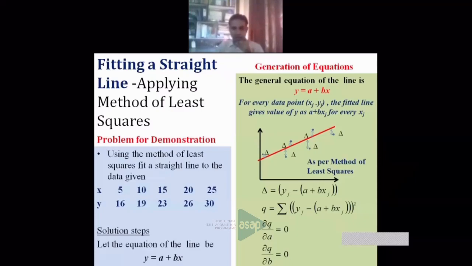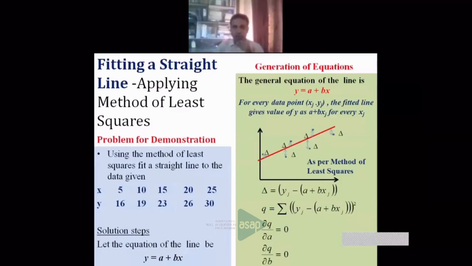Now, if y equals a plus bx is the line, then for the line to be a best fit, the objective is to find the values of a and b which will tell us which is the best straight line satisfied by this particular data. So our objective is to get a and b, substitute them back, and say this is the equation which will fit best for the given data.